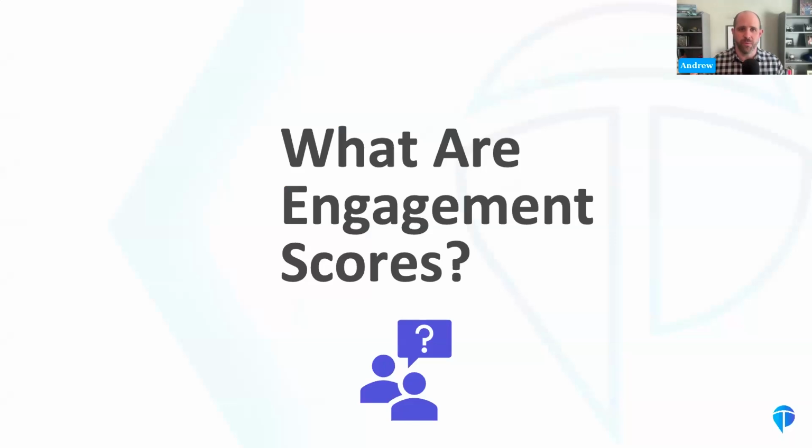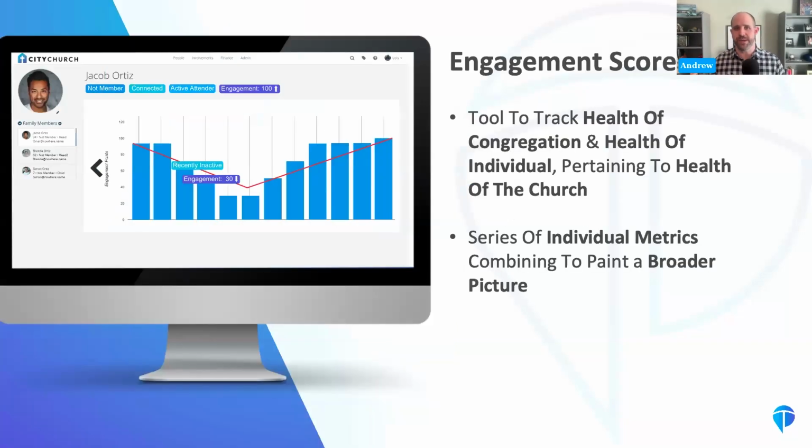So first, what are engagement scores? Okay. So if any of you haven't used engagement scores before, we'll define them briefly here. An engagement score is a tool to track the health of the congregation and health of an individual as it pertains to your church. Now, what I always like to say, many of you have heard me say this before, an engagement score is not a measurement of how much Jesus loves this person.